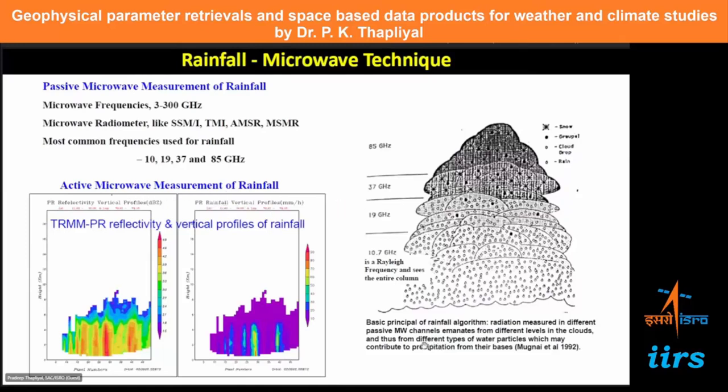We know the total amount of rainfall falling at the surface, but which layer in the atmosphere is contributing how much rain, that you can also find out from the precipitation radar, that is the active microwave measurement. Okay, so you can know which of the atmospheric layers is contributing maximum to the rainfall.